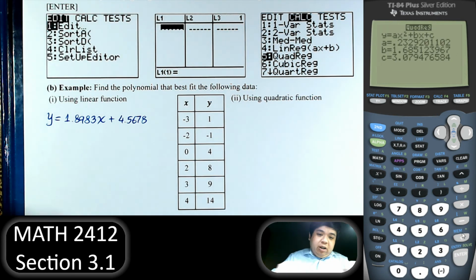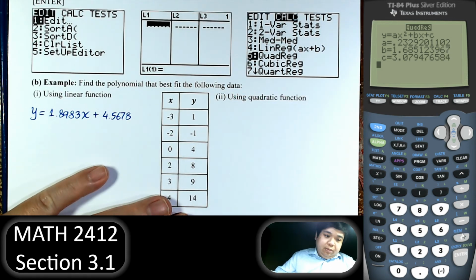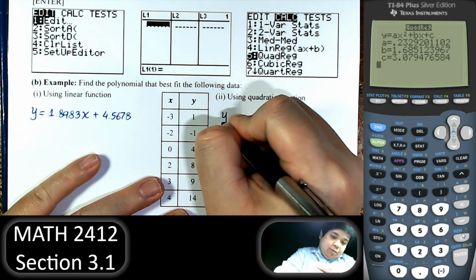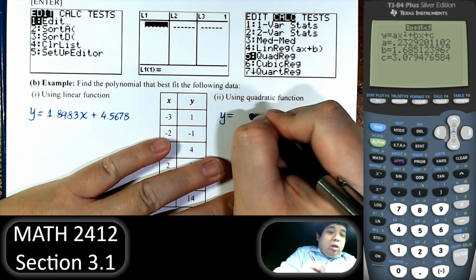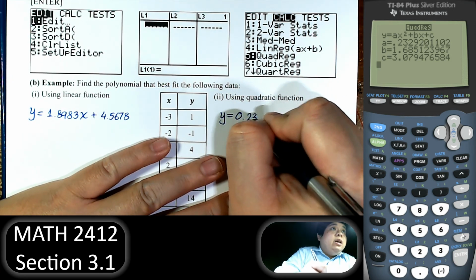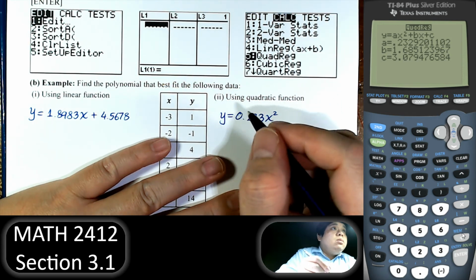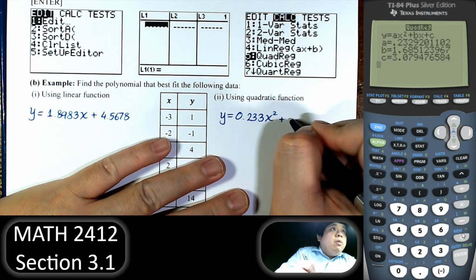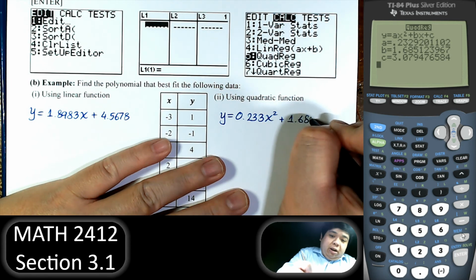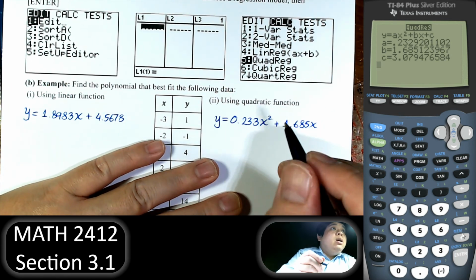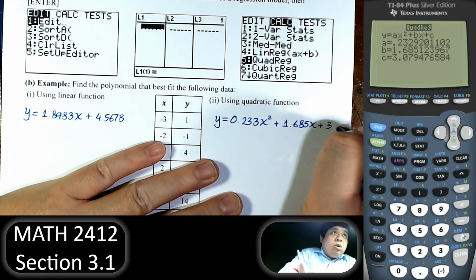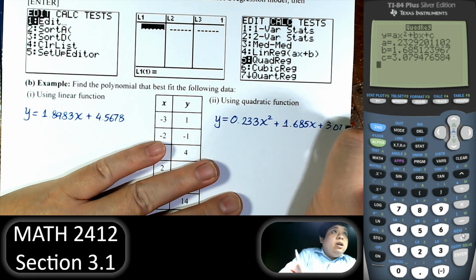We will have the quadratic function: 0.233x squared plus 1.685x plus 3.079.